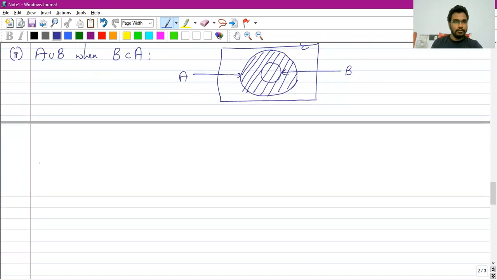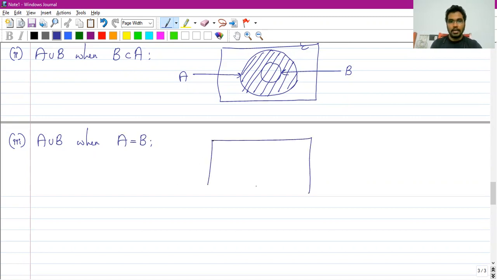Next one, third instance. We can say A union B when A and B are equal sets. I have explained this in the intersection part also. If those are equal sets, we can denote like this.